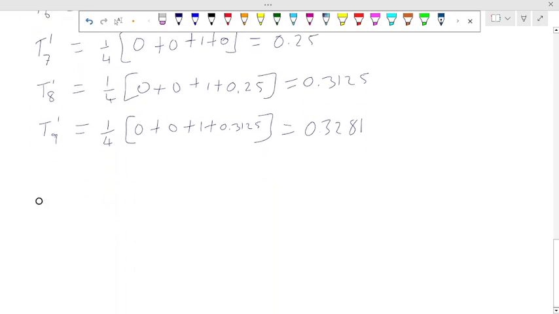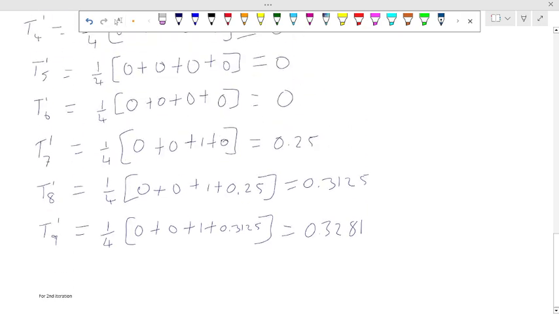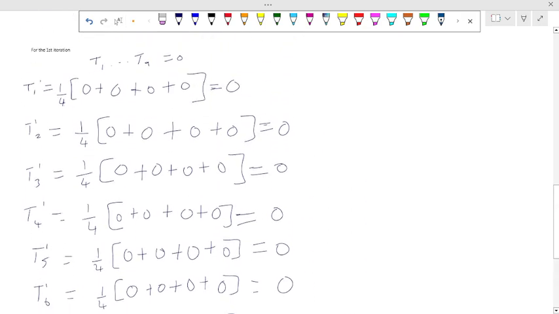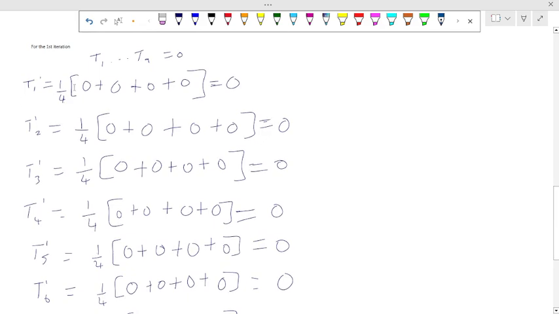For the second iteration, the latest value for T1 is this, latest value for T2 is this, latest value for T3 is this, and so on.